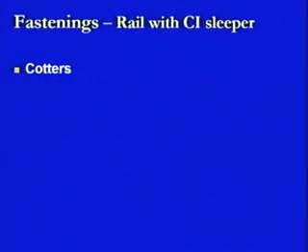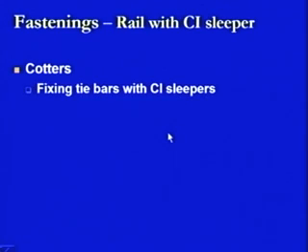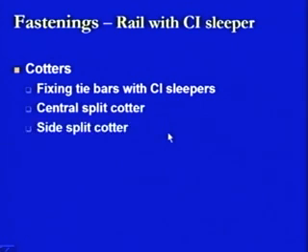Now, another fastening which is used in the case of connectivity of rail with the CI sleeper is cotters. Cotters are used so as to fix the tie bars with the CI sleepers, and there are different types of cotters. We have the central split cotter, we have the side split cotter.